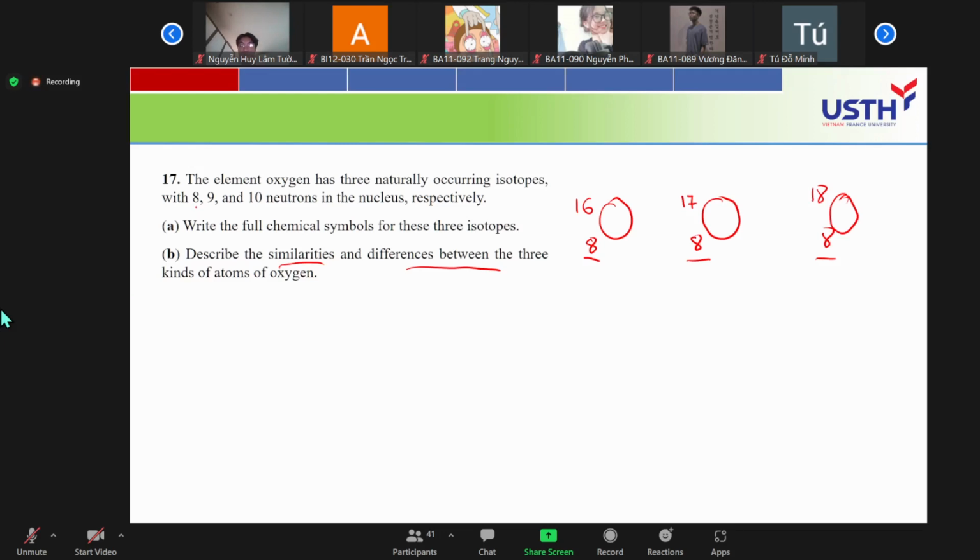This will relate to something like some of the magnetic properties, singlet and triplet oxygen, something like that. It's a little bit complicated for this moment.